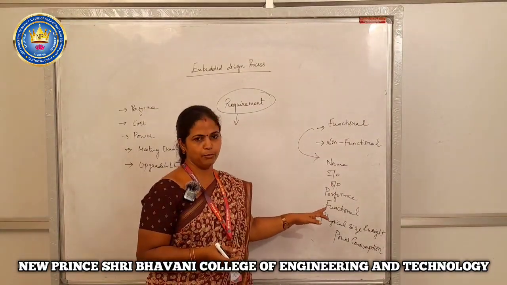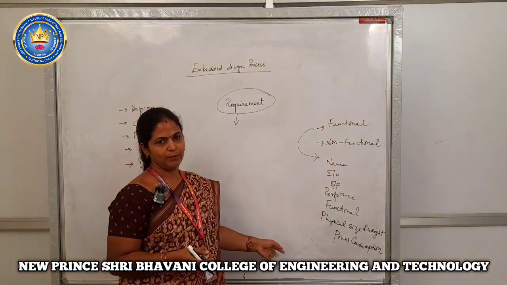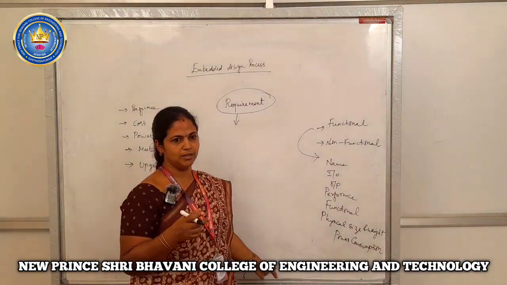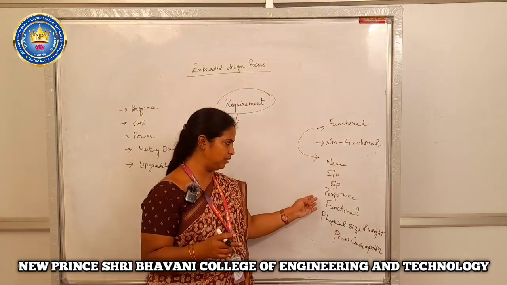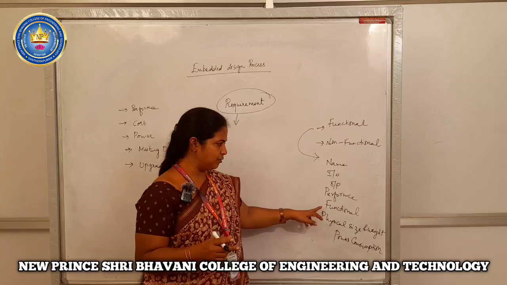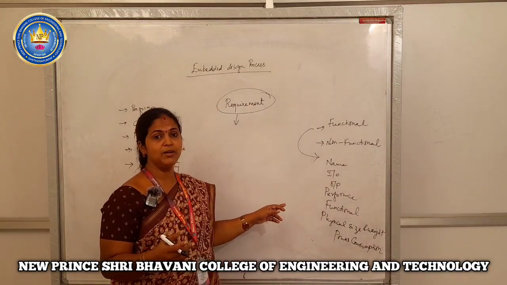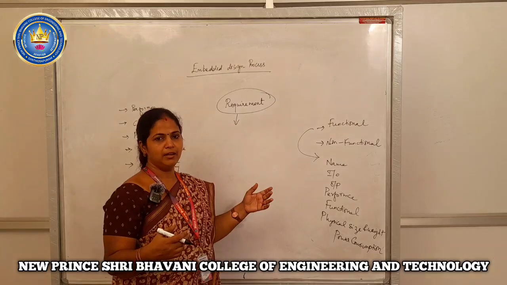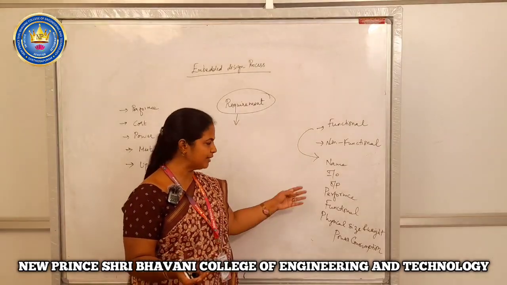The next is the performance. It is a GPS moving map system, so you need to display the current latitude and longitude of the location. That is going to be the performance. And the current latitude and longitude has to be displayed or updated every 0.2 seconds or 0.25 seconds. Like that you can fix it.